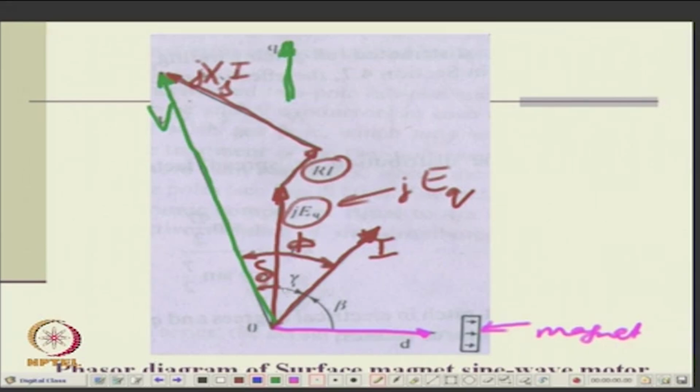Then the angle between the EQ, Q axis to I, let us call it as gamma, and I and D axis, let us call it as beta. See, I is at an angle gamma from Q axis and beta from D axis, okay. These are some of the factors, okay.